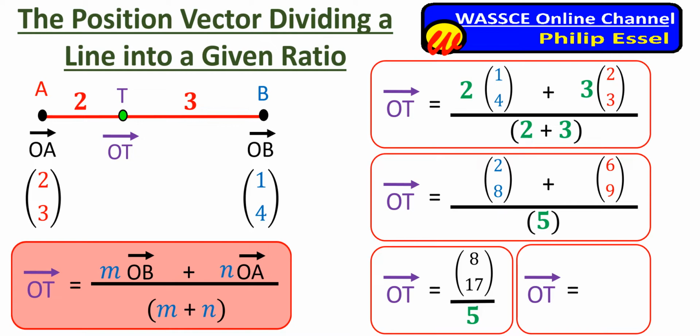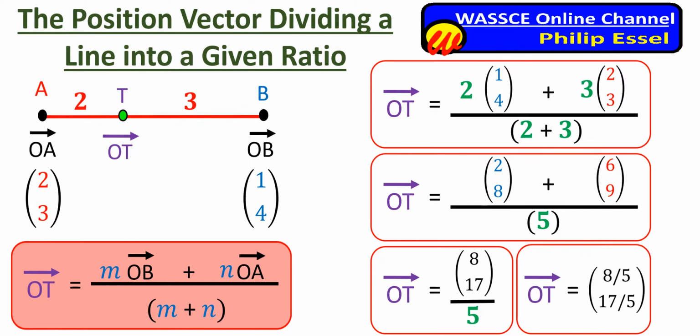We already know how to do this. When we do this, we get the vector (8 over 5, 17 over 5). So that is our final answer.